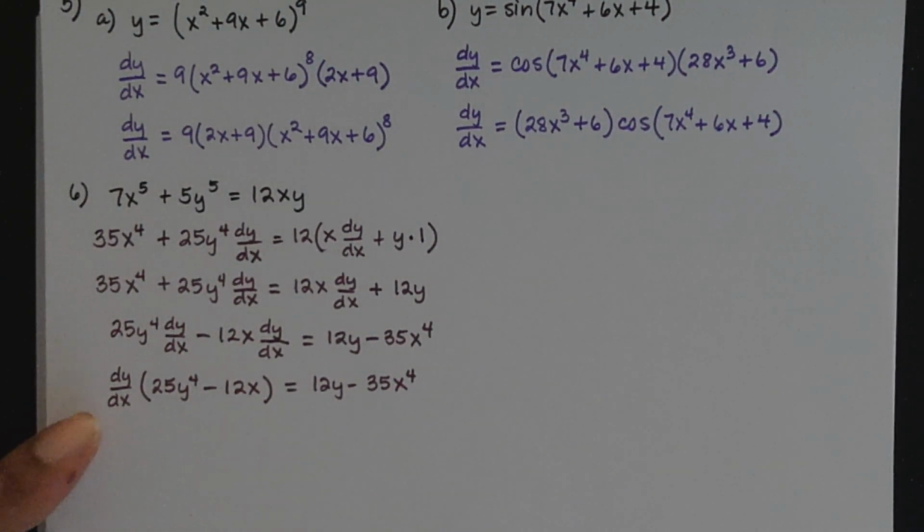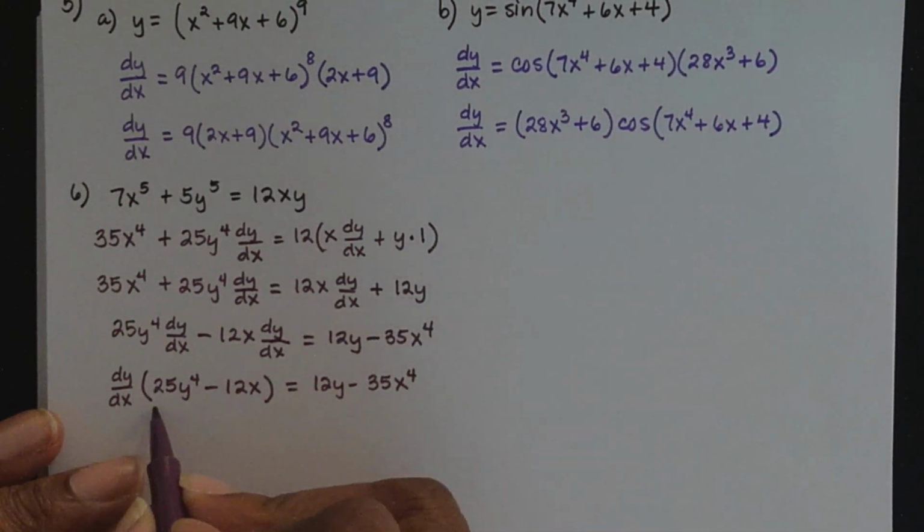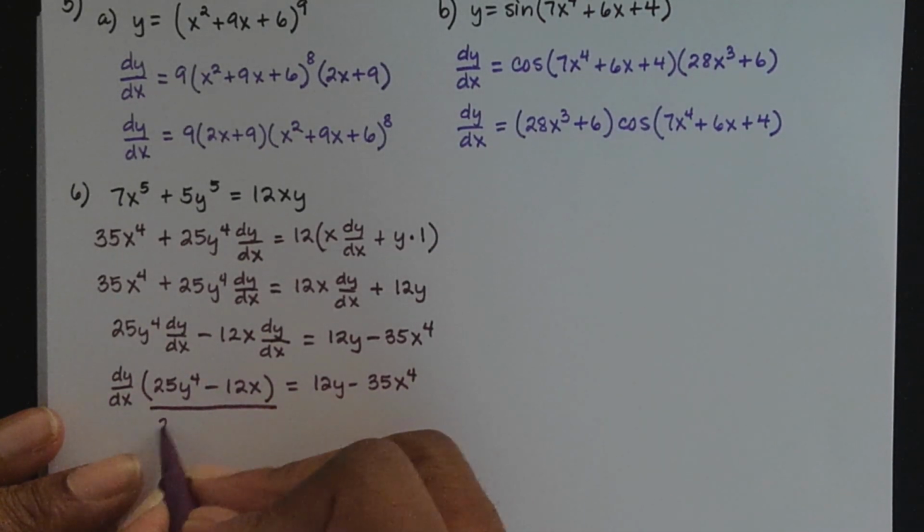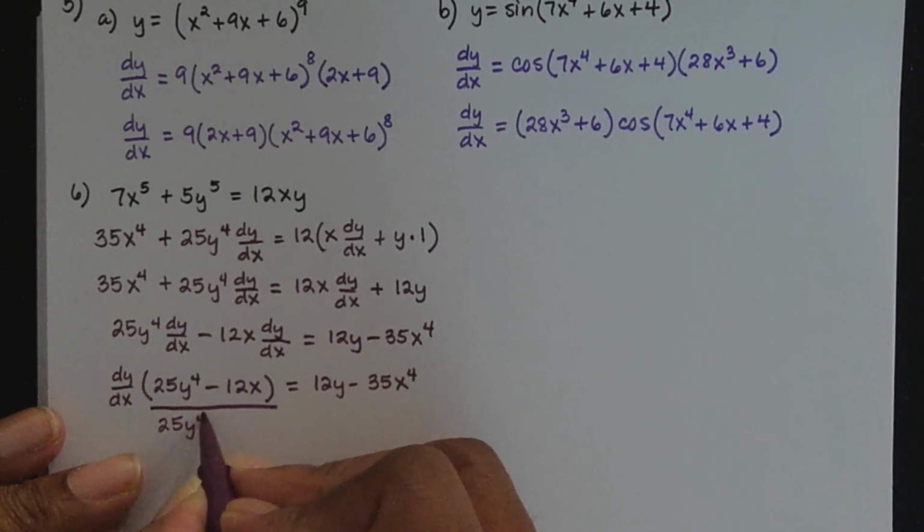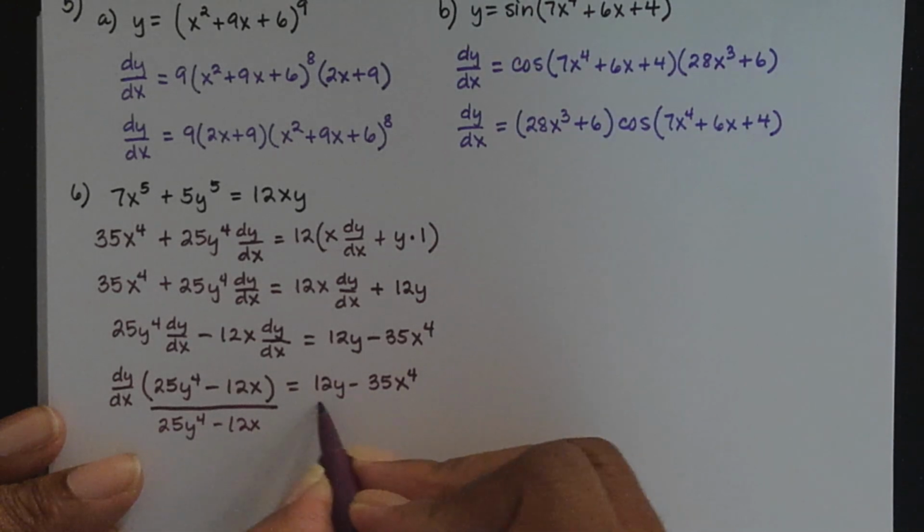Now I need to get dy/dx by itself. So that means I need to divide both sides by 25y to the fourth minus 12x.